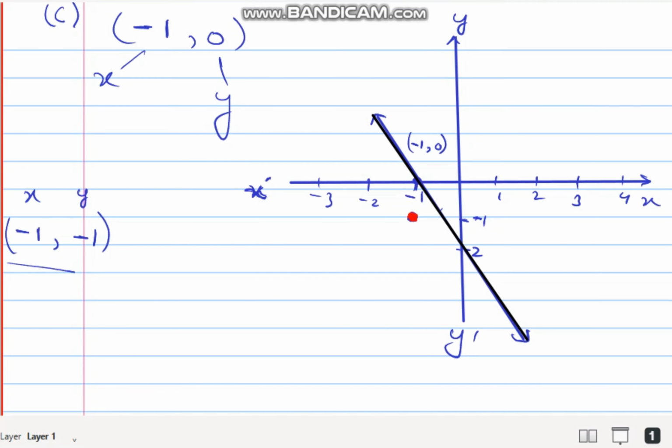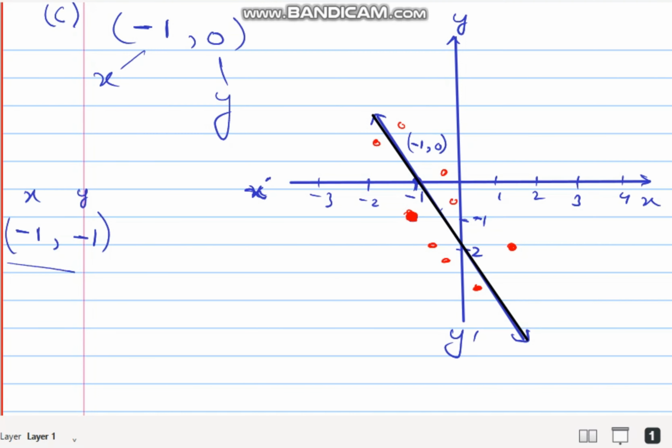If it did lie on the line, it would be here. But it is not here, it is here. So this point does not exist on the line, because this point is far away from the line.